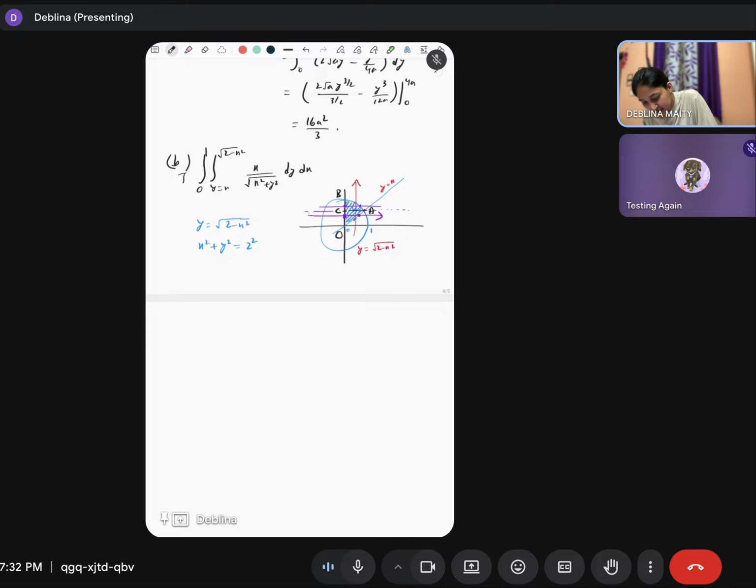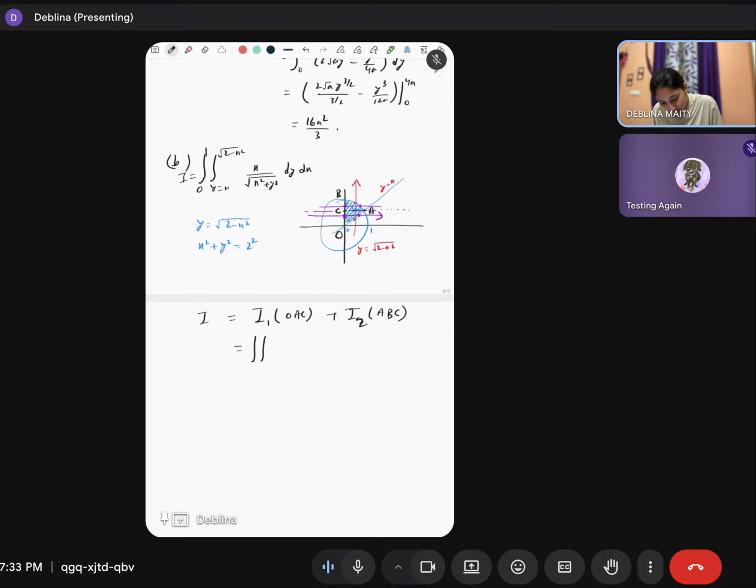So if this is I, then the value of I will be I1, which means this OAC, plus I2, this is ABC, right? So the first I1 is what?